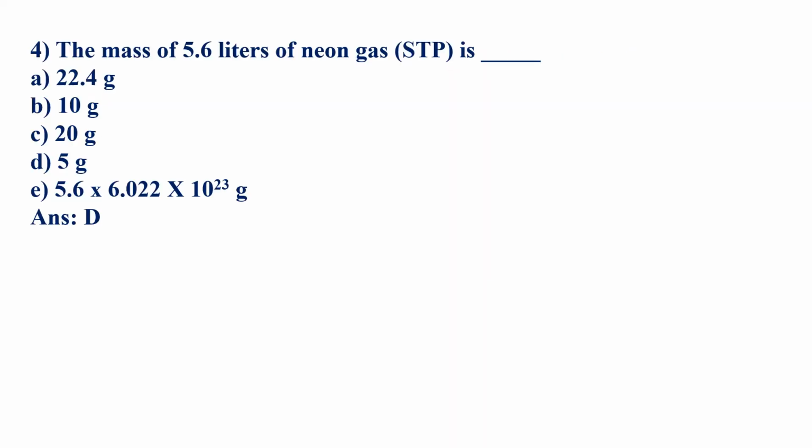Next question. The mass of 5.6 liters of neon gas at standard temperature and pressure is dash grams.